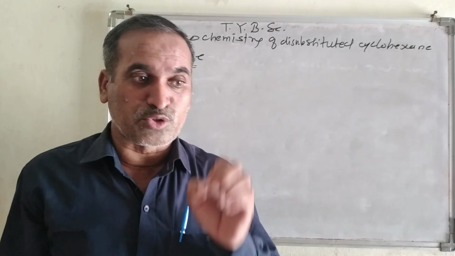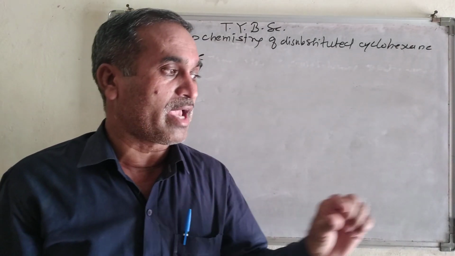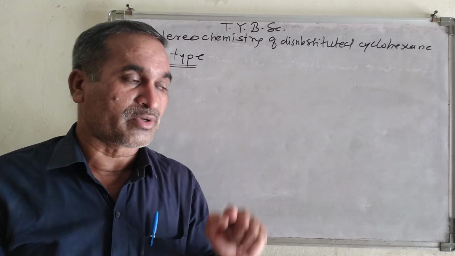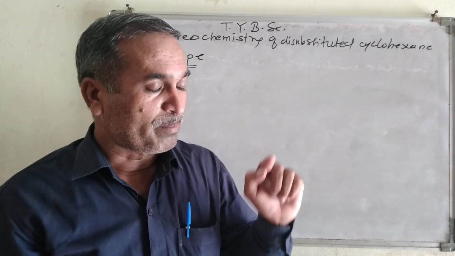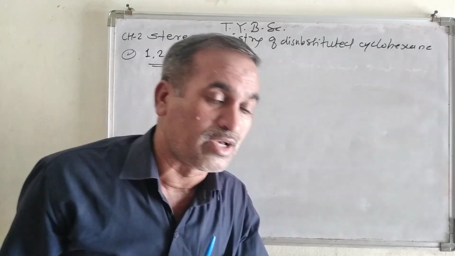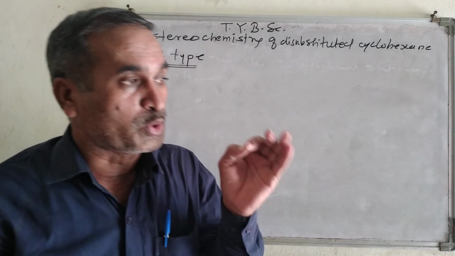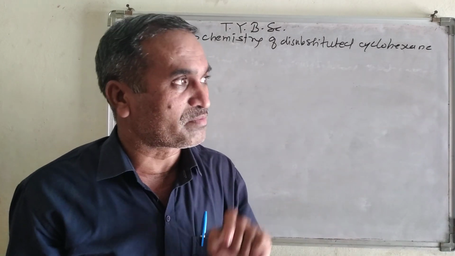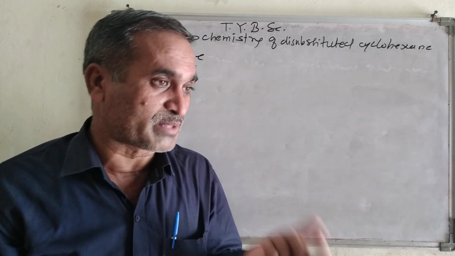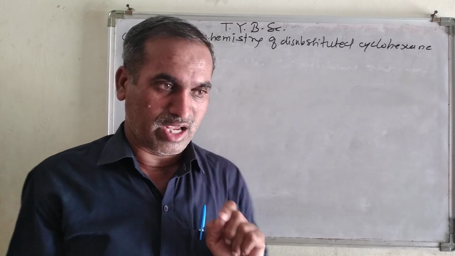Remember, whether a compound is optically active or optically inactive in nature: suppose a compound has a plane of symmetry, that compound is optically inactive in nature, and those compounds that do not possess a plane of symmetry are optically active in nature.